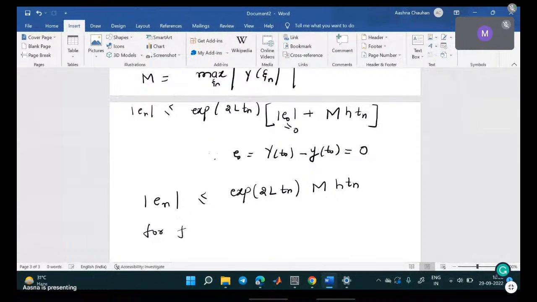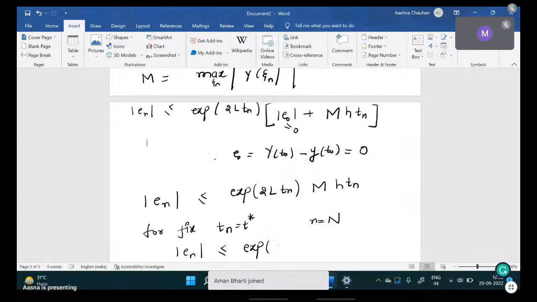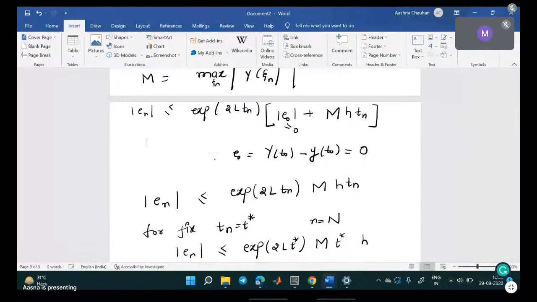So for a fixed Tn equals to T star, for a fixed time T, and n also kept fixed as capital N, I get mod En is less than equals to exponential of 2L T star M T star into h.